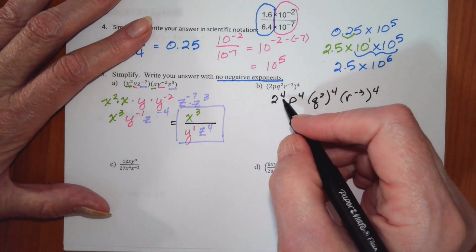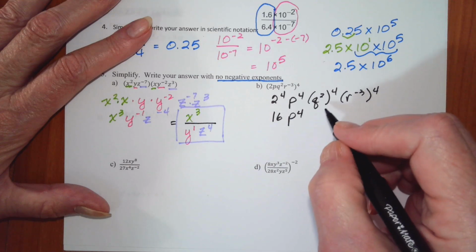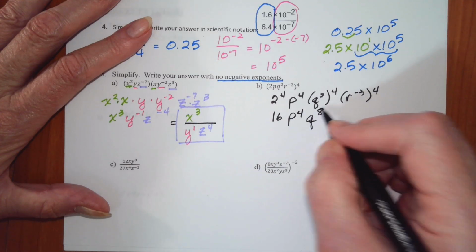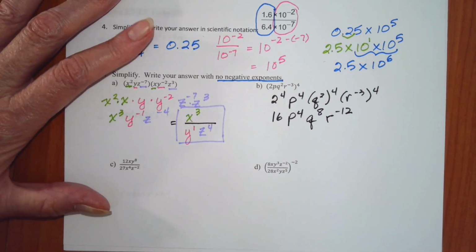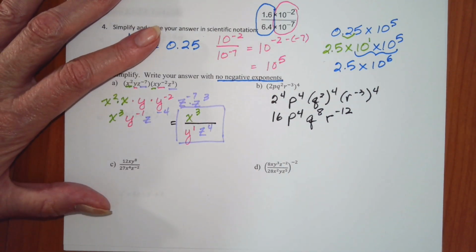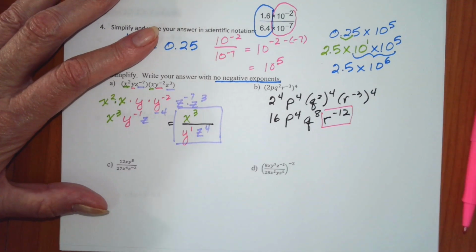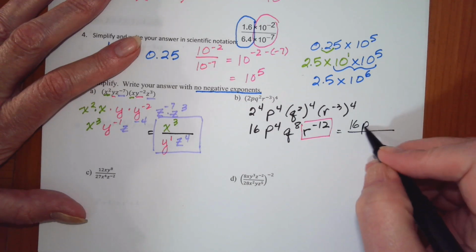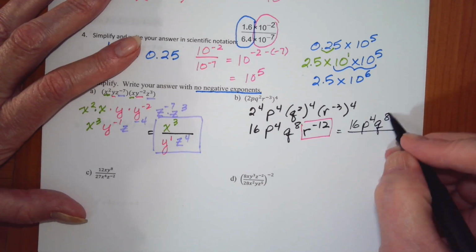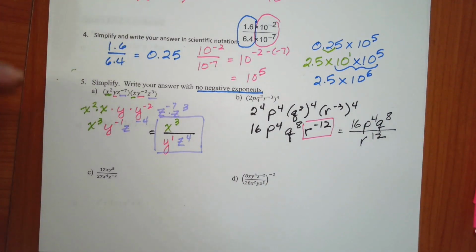I'll make sure I got all of them. 2 to the fourth is 16, p to the fourth, q to the eighth, and r to the negative 12. So now the only thing I have to worry about is this. Since this is a negative exponent, when I write my answer, this becomes 16 p to the fourth q to the eighth divided by r to the positive 12. And there's my answer.